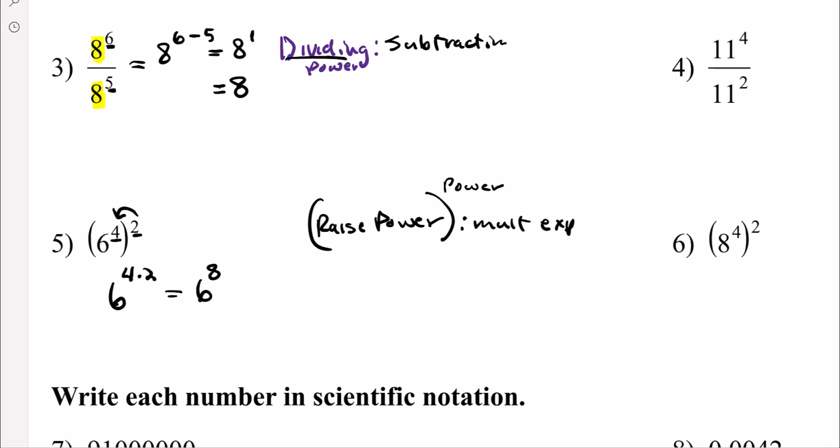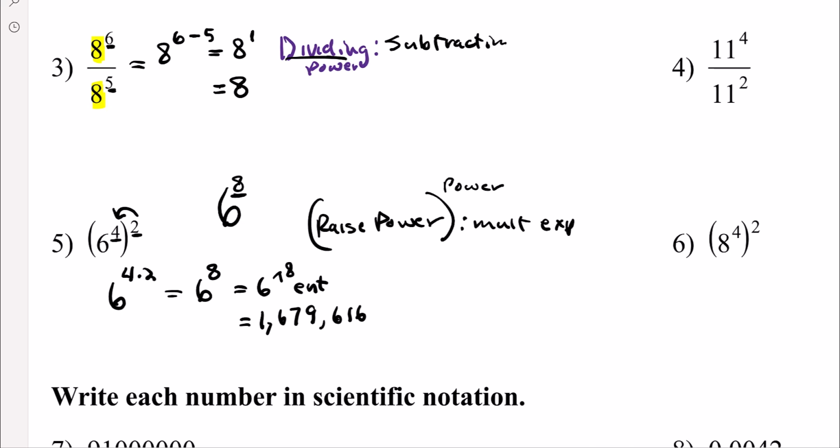So 6 to the 8, so type in your calculator, 6 caret 8, enter, which is 1,679,616. So that's what they mean by powers. You take a number like 6.